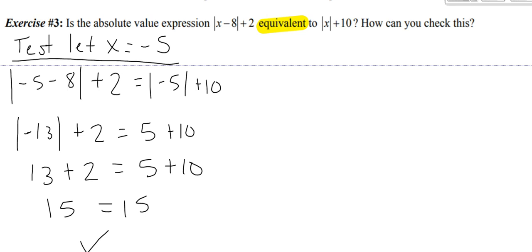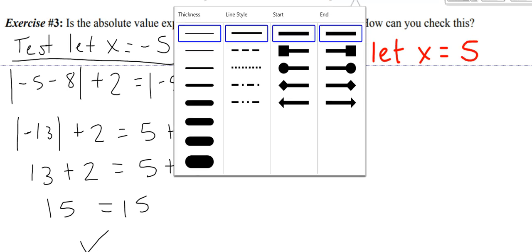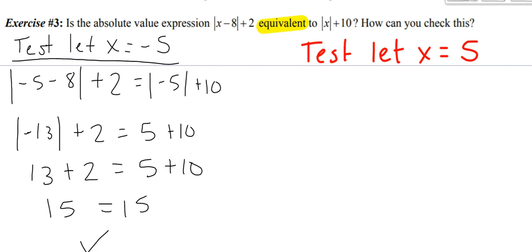So what if I try letting x equal +5? If I let x equal +5, what happens? I have the absolute value of 5 minus 8 plus 2 equals the absolute value of 5 plus 10.